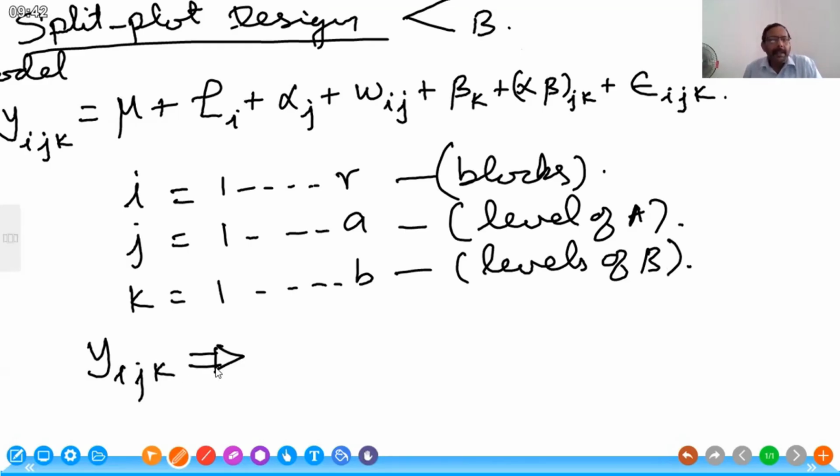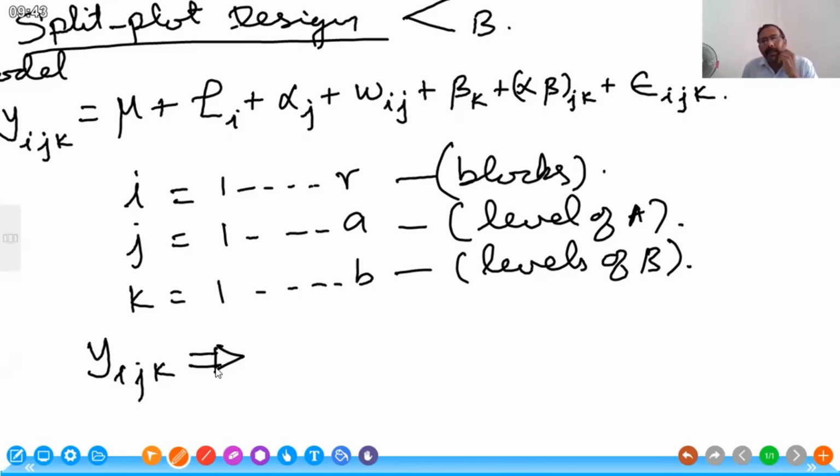What is y_ijk? Yeah, we'll start from i. It is the observed value in the ith block.